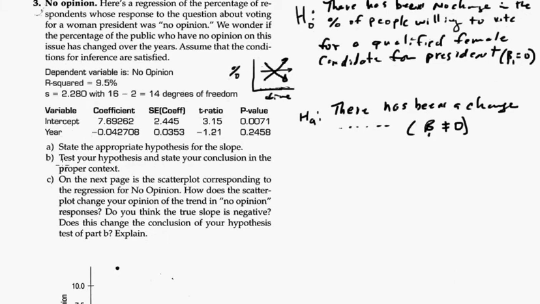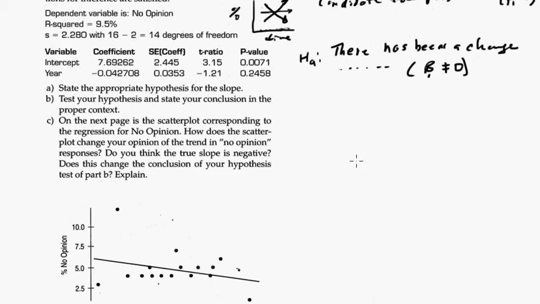Now they want us to perform a test. So let's think about this. Again, I like to start with a picture. Basically, the null hypothesis is there's been no change. So if we thought of this as a target, it would be 0. And we know there's going to be some variation, but it wouldn't vary too far away from 0.